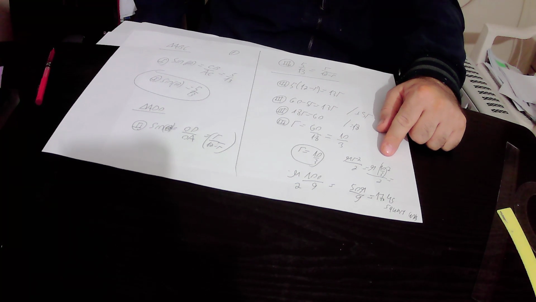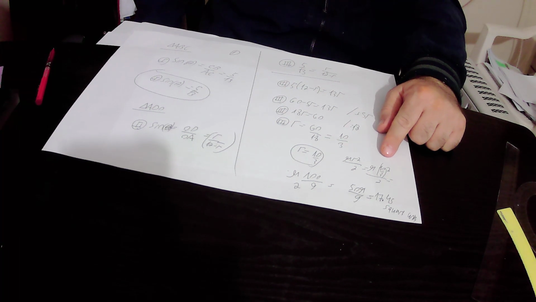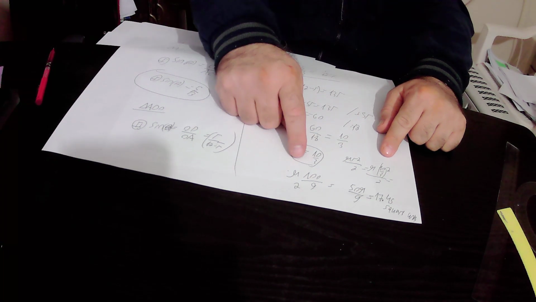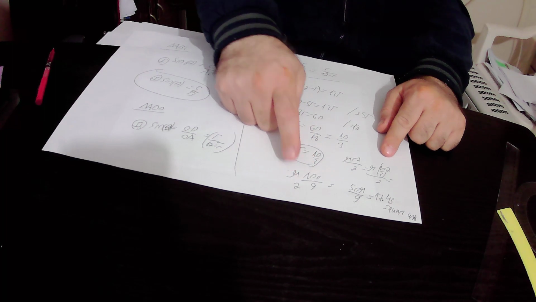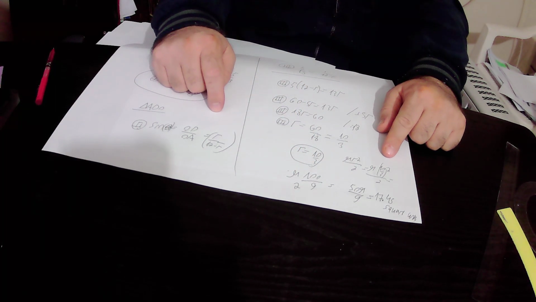So r is 10 over 3, and r squared is 10 over 3 squared over 2. 10 over 3 squared is 100 over 9. So it is actually pi times 100 over 9 over 2. 100 over 2 is 50.